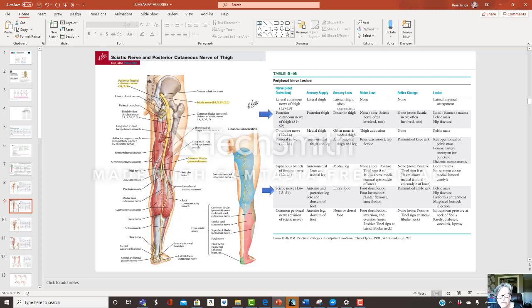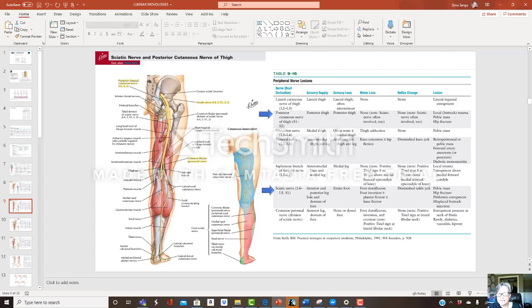Motor loss, you're going to have decrease in foot dorsiflexion, plantar inversion, plantar flexion, and knee flexion. No motor loss with the posterior cutaneous nerve. But with the sciatic nerve, you're going to have dorsiflexion loss, foot inversion loss, plantar flexion, and knee flexion.